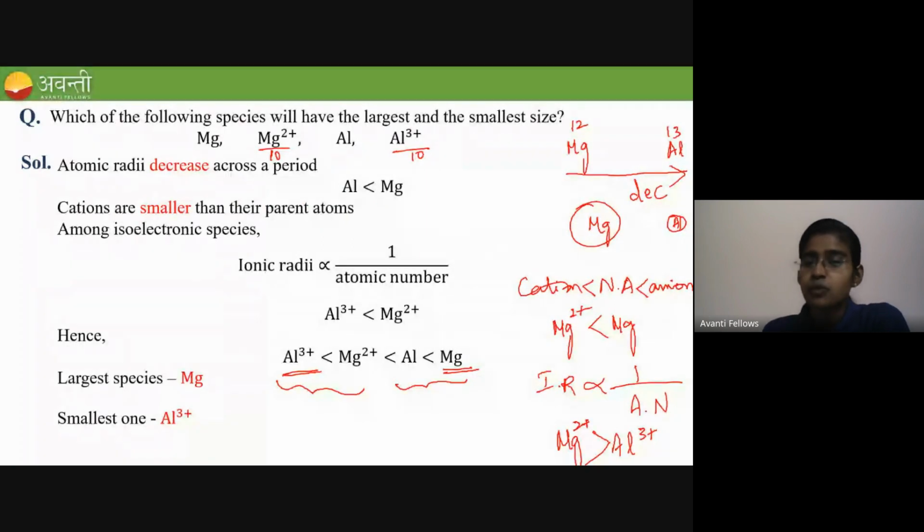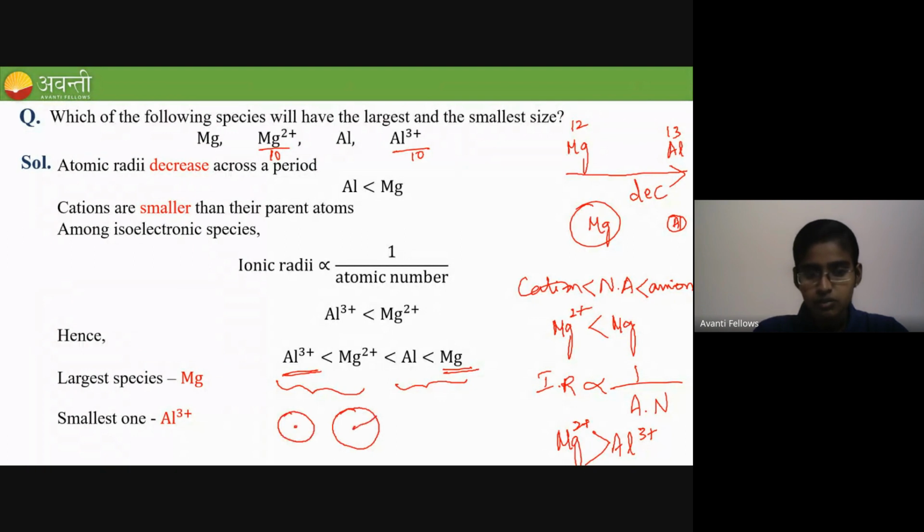See, both will not have the same diameter, right? That's what I'm saying. They will not have the same diameter. Their radius is going to be different. If the radius is different, then diameter is also going to be different, right? Magnesium 2 plus will be bigger than aluminium. Yeah, you have got it now. That's great.